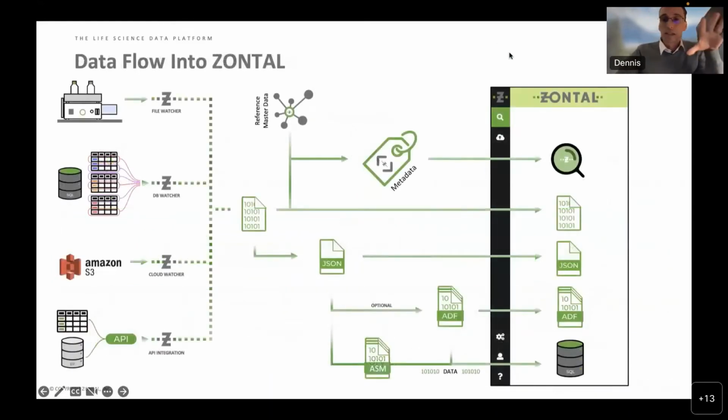In order to get data into the state where it can be truly FAIR, we use the following principle here. So this slide shows you the data flow into ZONTAL, where on the left, you can see the different data sources. So you have instruments, you have databases, you have some cloud storages, and maybe some applications with APIs.